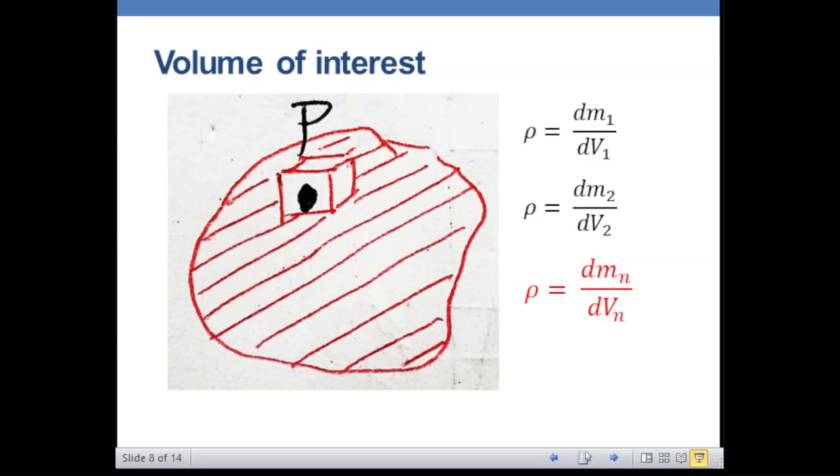So as we enlarge the volume, that can be denoted with this equation: density is equal to dm sub n over dv sub n, where m is the mass and v is the volume.